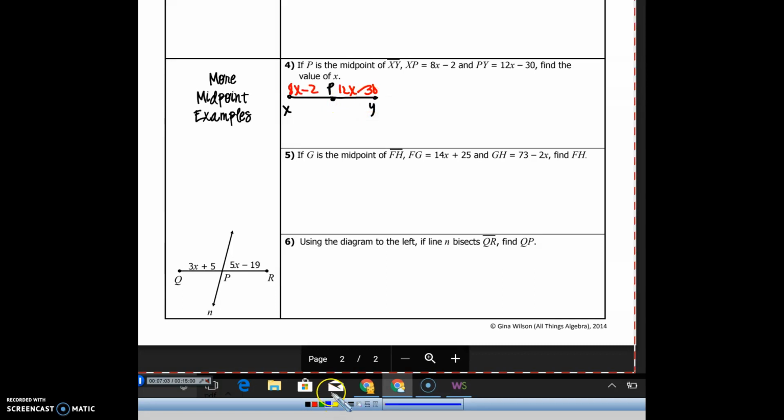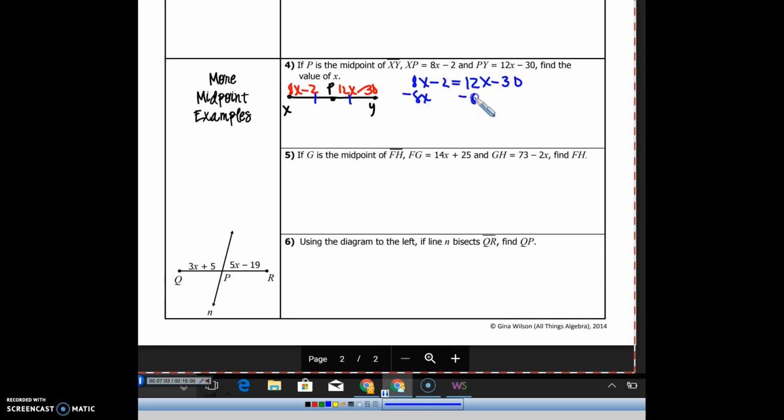Well, we know that a midpoint divides it into two congruent parts. If XP and PY are congruent, that means that all we have to do is set them equal to each other to solve for x. So I can do that. 8x minus 2 is going to equal 12x minus 30.